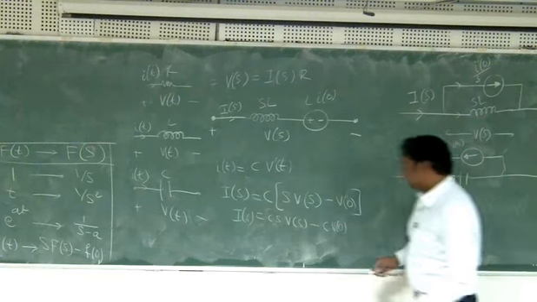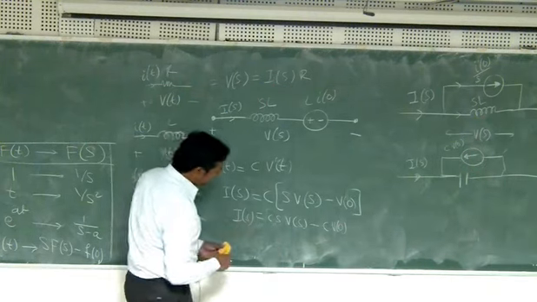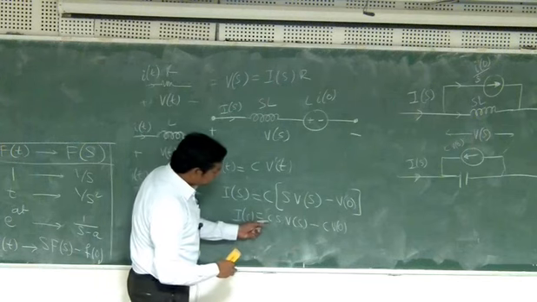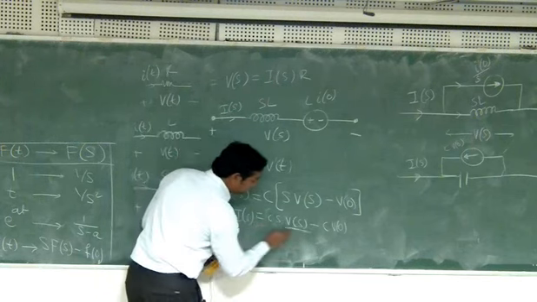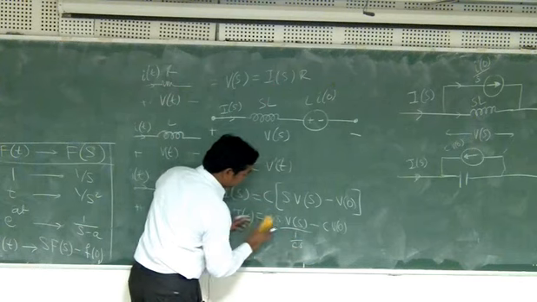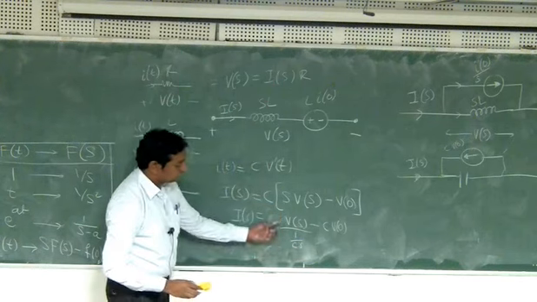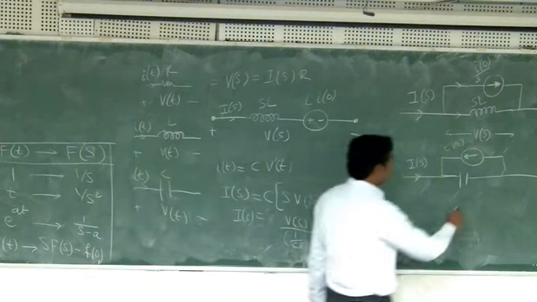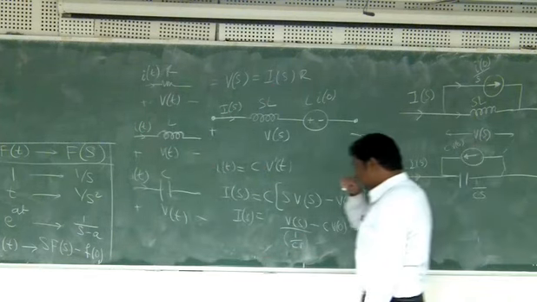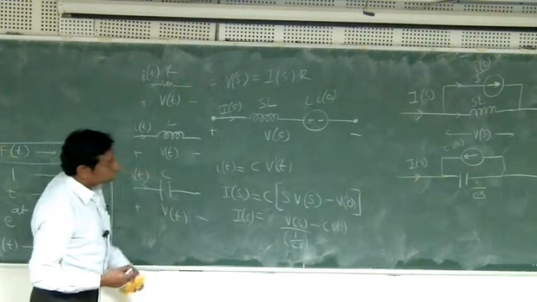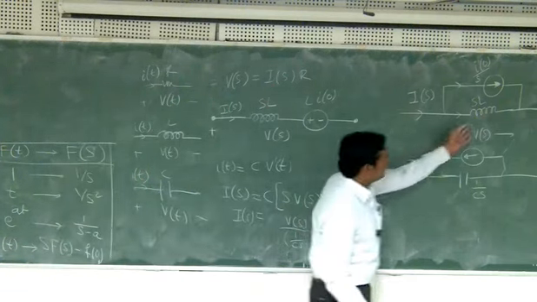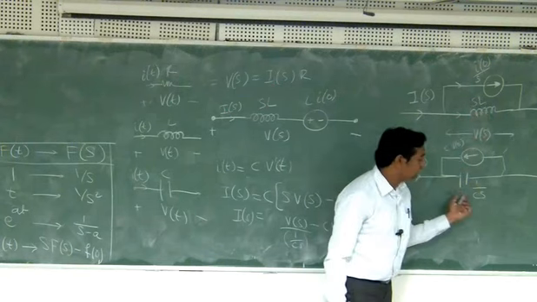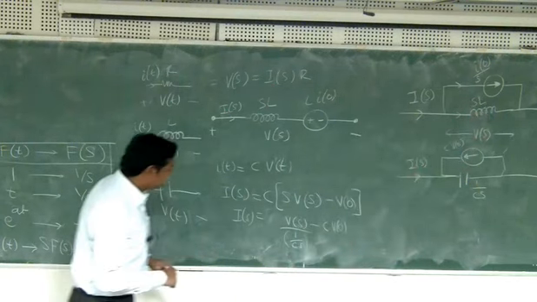If I want to write amperes equal to volts divided by ohms, this CS is already there, so I can always put 1 by CS, and then I can remove this. So this is equivalent. This part has a unit of ohms, so I can use 1 by CS here. So moral of the story is, whenever you see inductance, the impedance is SL, and whenever you see capacitance, it is 1 by CS.